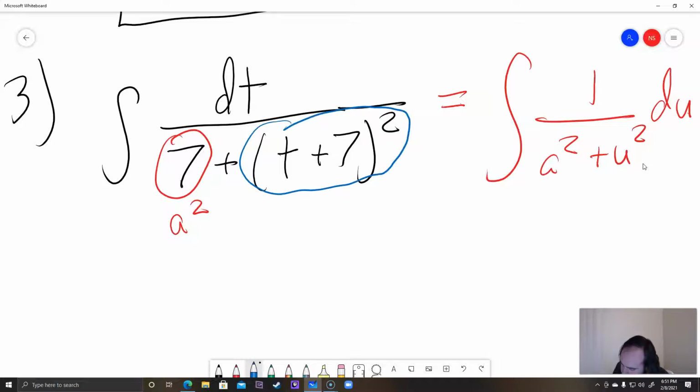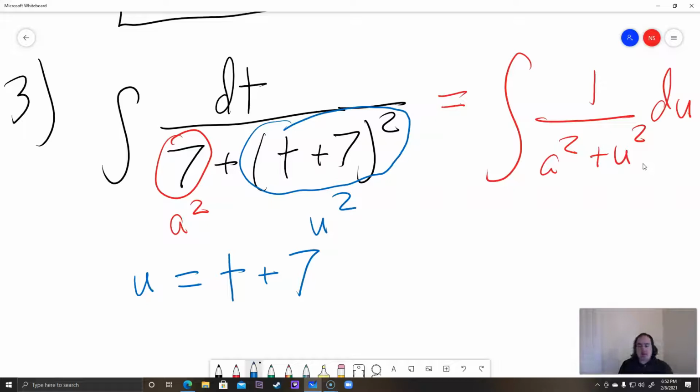Okay, so this is our u squared. And of course, if our u squared is t plus 7 quantity squared, that means u is t plus 7. Okay, so u is going to equal t plus 7.